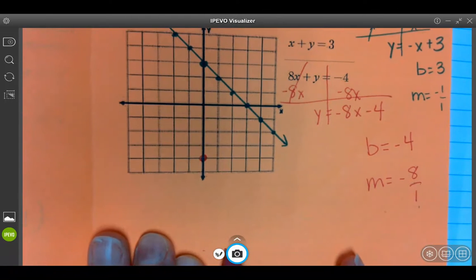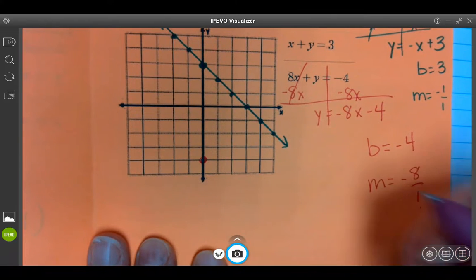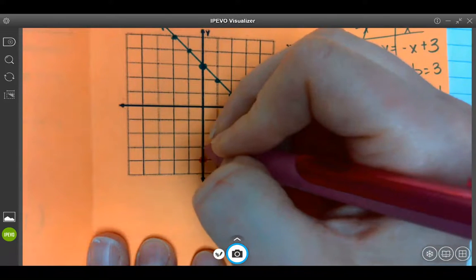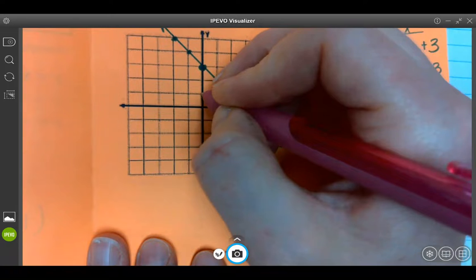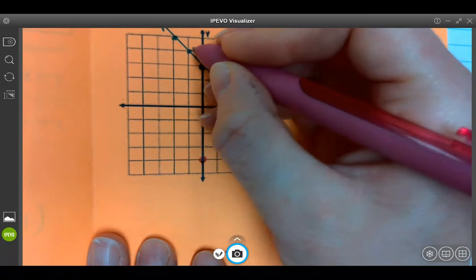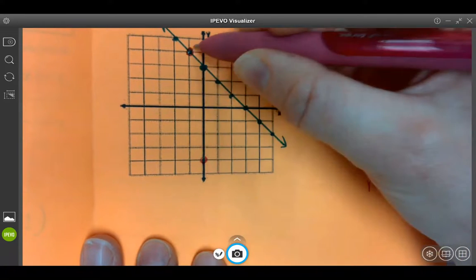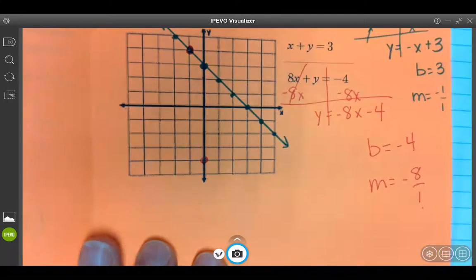So that means down 8, right 1. But can we go down and right? Nope. Up and left. 1, 2, 3, 4, 5, 6, 7, 8 over 1. Oh, look at that. It goes exactly through a point.